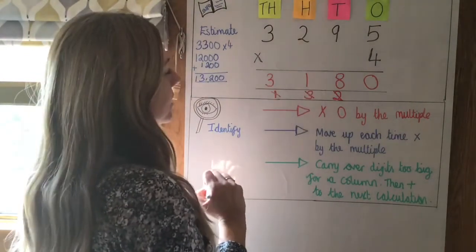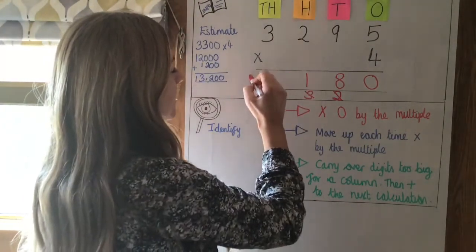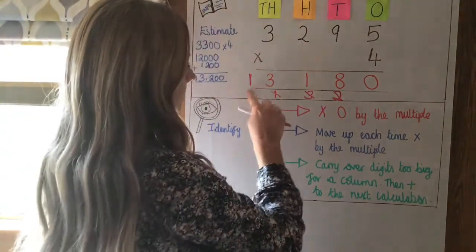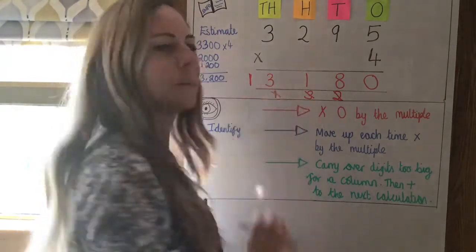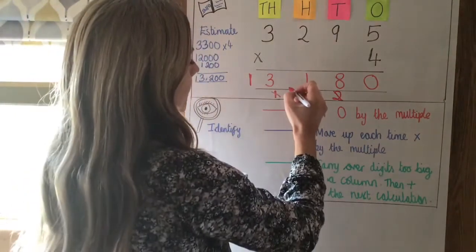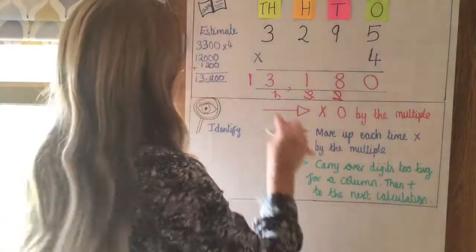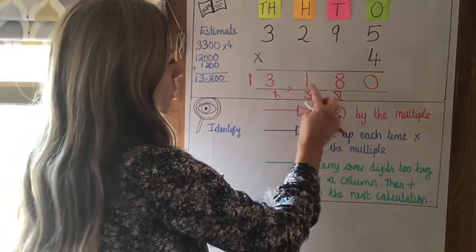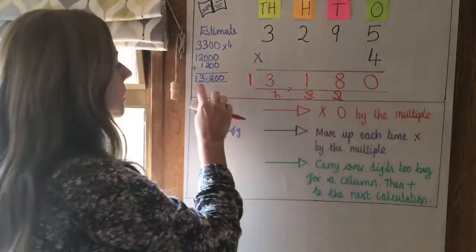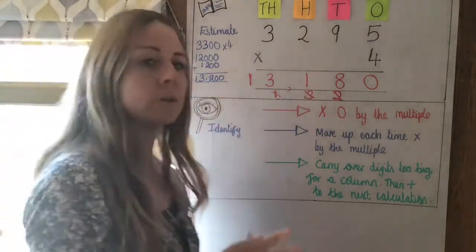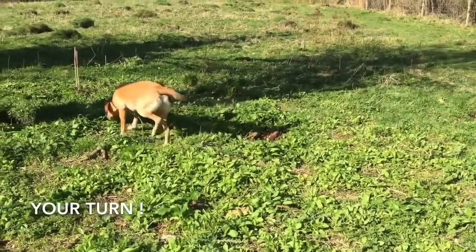And we've started a new column of 10,000s because 13,000 is made up of a 10,000, 3,000. You see? So our whole answer together, and I'm just going to put a little comma here to separate for me to say the word thousand, 13,180. And look, we estimated 13,200, so we're only 20 away from our estimate.